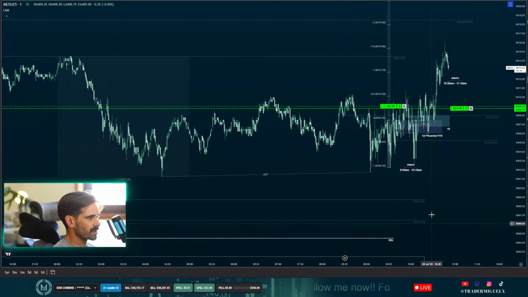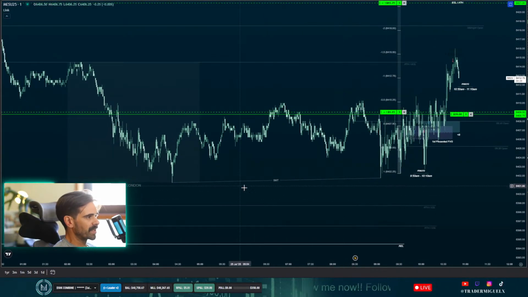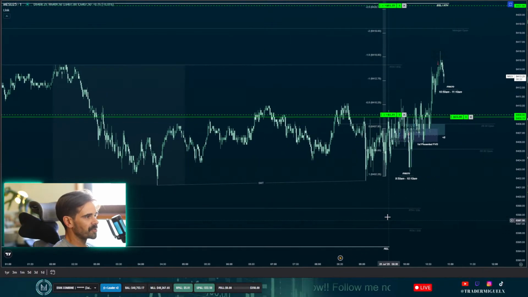Yeah, I had it here all the time. Here, the sell side liquidity. For a move higher, I was expecting something from ES coming down here, take out this sell side liquidity eventually, or this London low. But as soon as I saw the SMT with NQ, I presumed that we will not go lower.